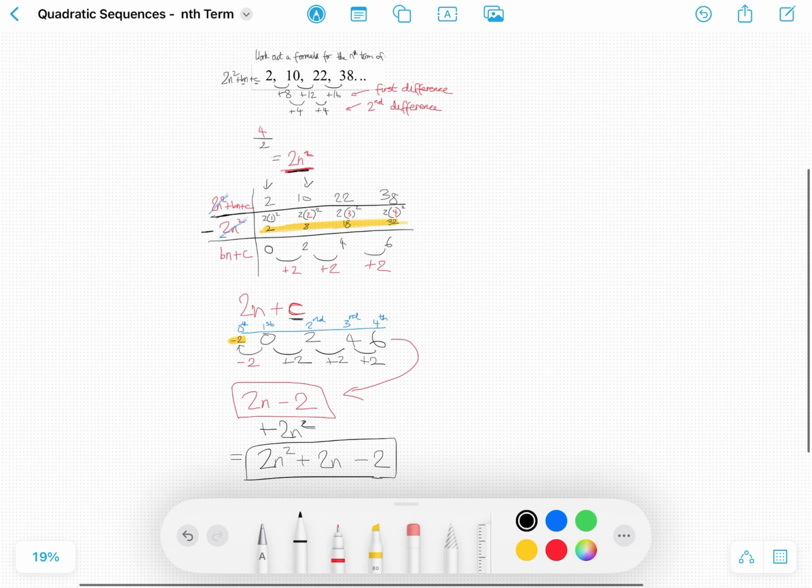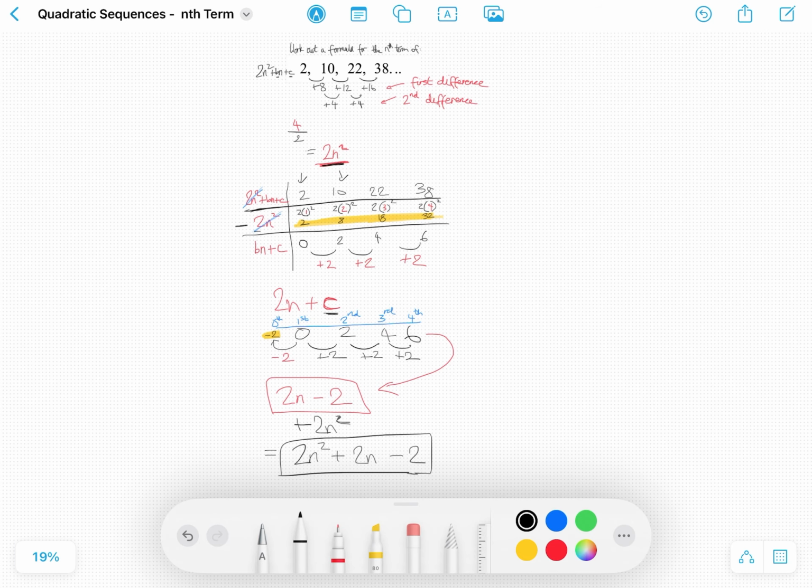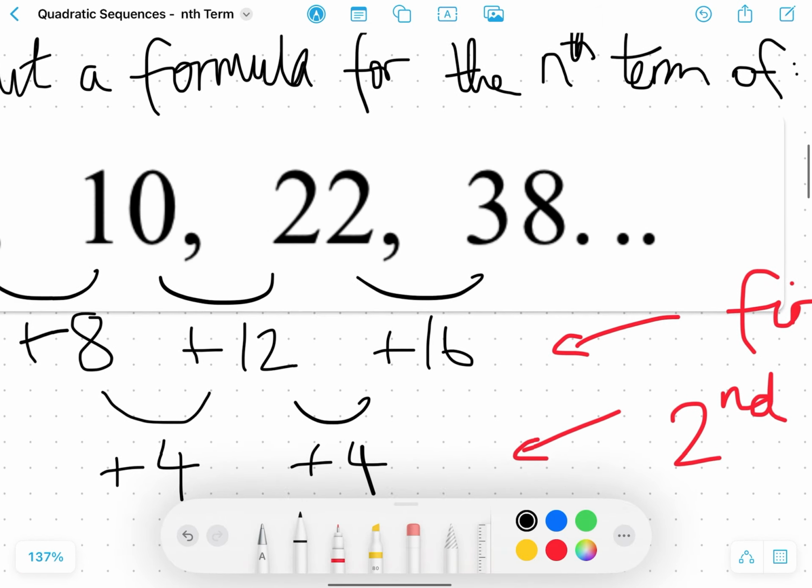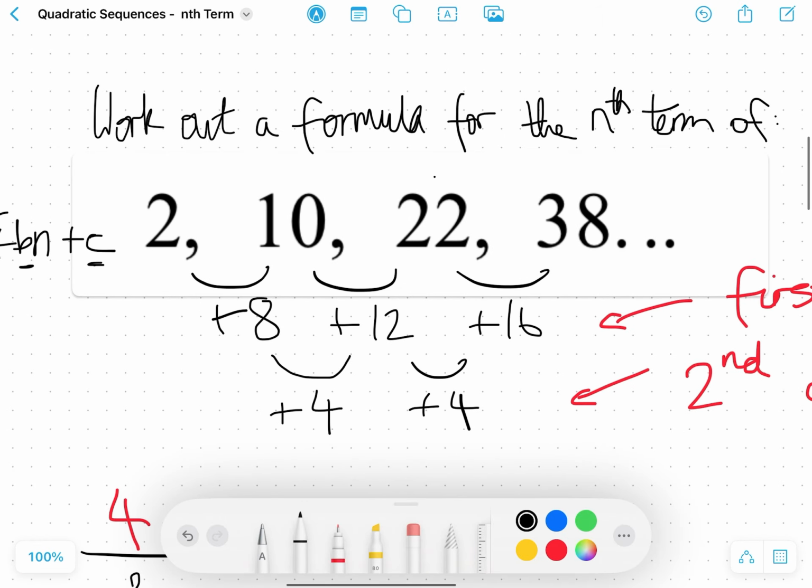You can also substitute in values to make sure that it works. For example, let's substitute in n equals 3, which is the third term of the sequence. The answer should be 22.